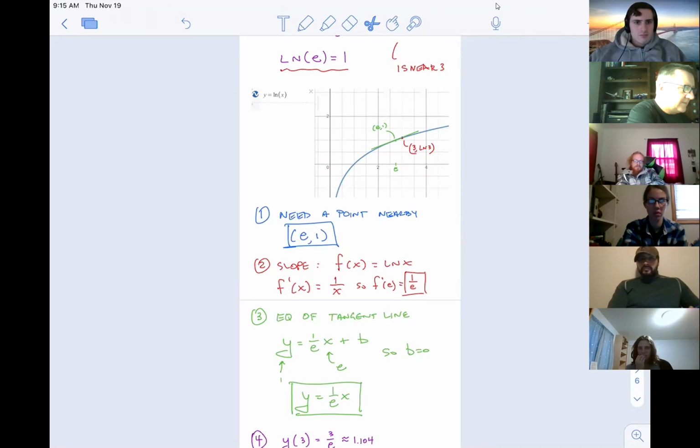L'Hôpital. I forgot about L'Hôpital. I'm either going to unassign that or change the due date. I don't know which. So I'll fix that.